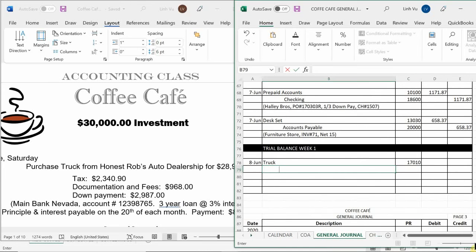What else do I need to include? The down payment. You need to include the down payment. Now, how do you pay for a down payment?